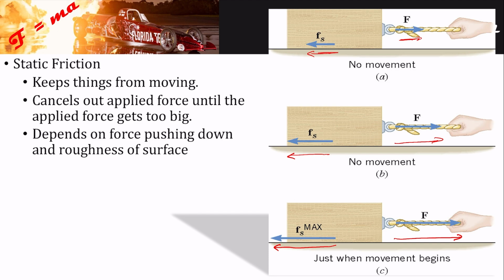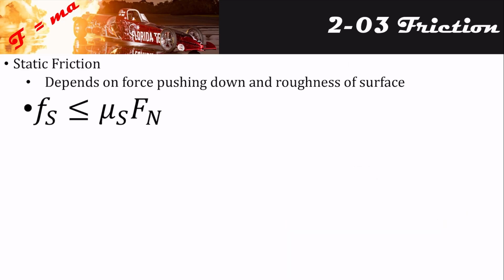The size of the friction depends on the force pushing down and the roughness of the surface. So the heavier the object is, the more friction there is, and the rougher the surface is, the more friction. So our static friction is less than or equal to mu, that is the Greek letter mu, S Fn.